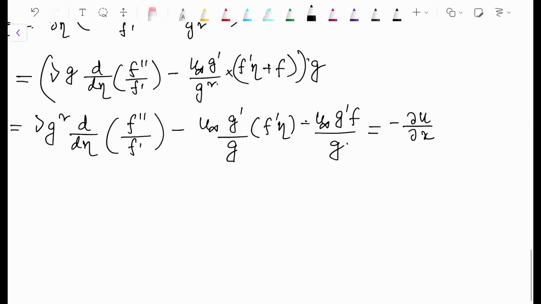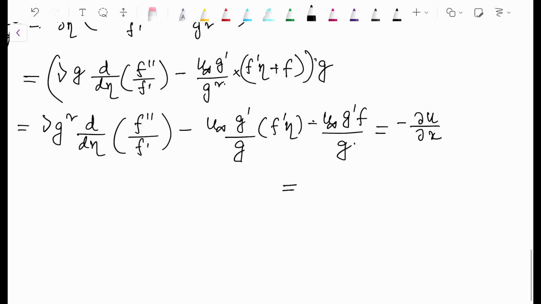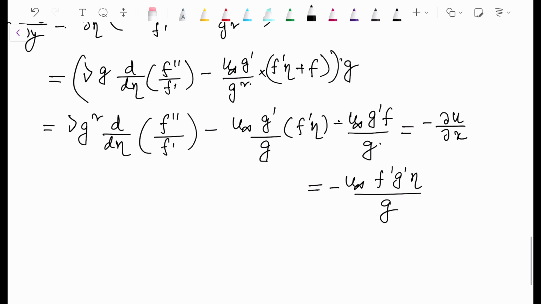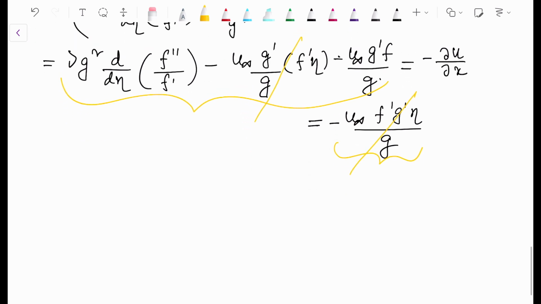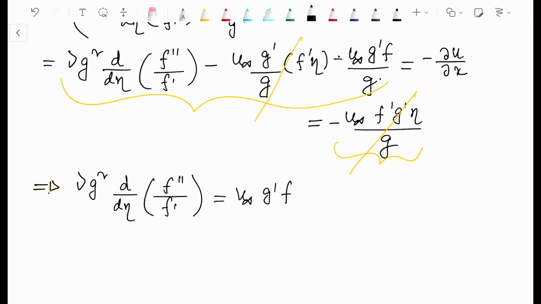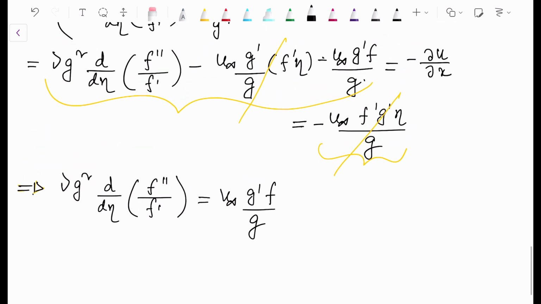So this will be equal to u infinity f dash g dash eta by g, and I have the minus. This whole thing is equal to this thing, so I can cancel these two, since they are equal. So now I am having eta g square d d eta of f double dash equal to u infinity g dash f by g, right?